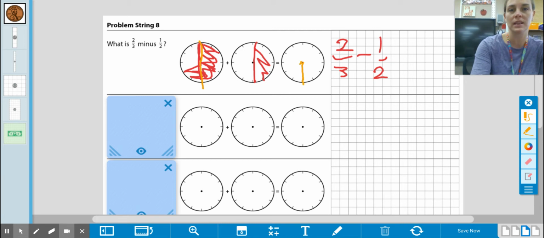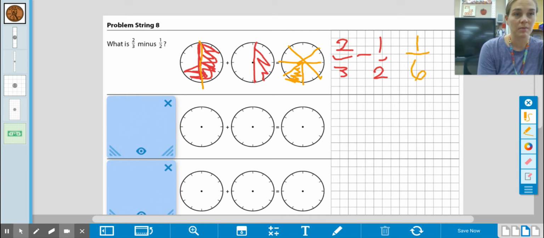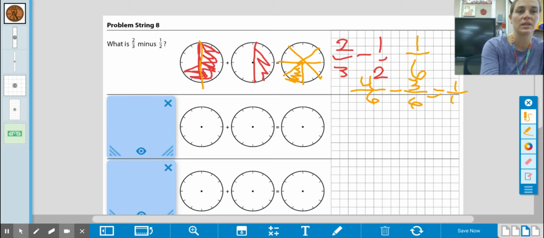So what I see left is this chunk right there. And then I have to figure out, well, how much of a clock is that? Well, I see that I could break it into 6 equal pieces. So I have 1/6. When I think about rewriting that with a common denominator, well, 2/3 is the same as 4/6. 4/6 minus 3/6 equals 1/6.